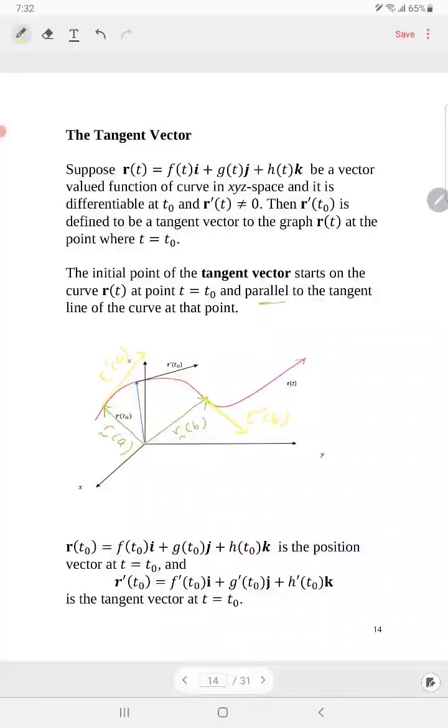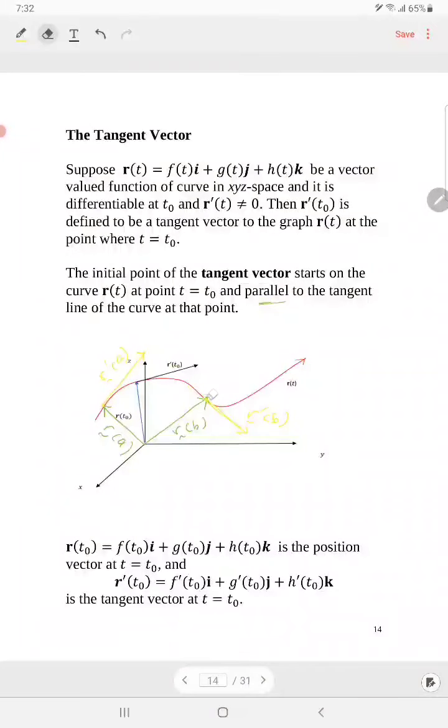Okay, so given r, a curve in xyz space given as vector function r, then r prime at t equals t naught would give you the tangent vector at point t equals t naught. If you replace t with any value, let's say t naught, that would give you the tangent vector of the curve at that point.